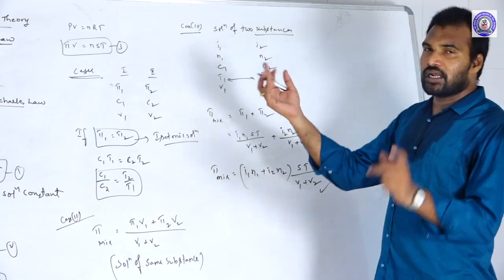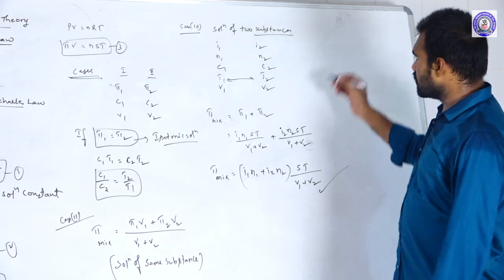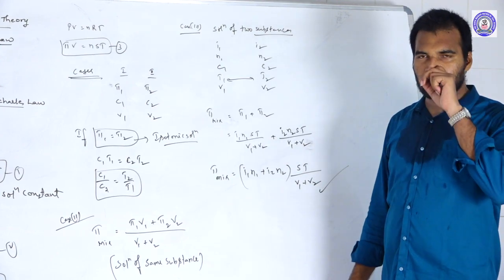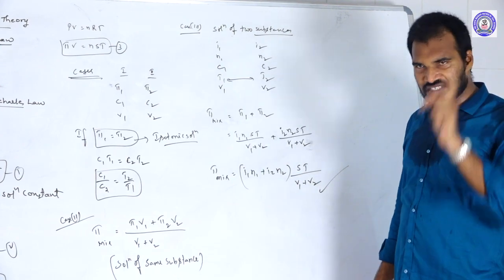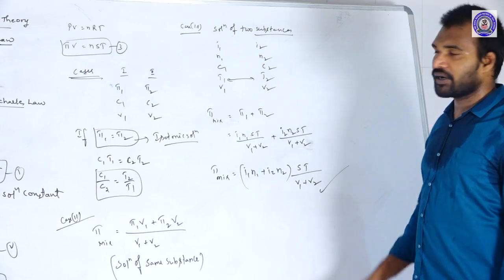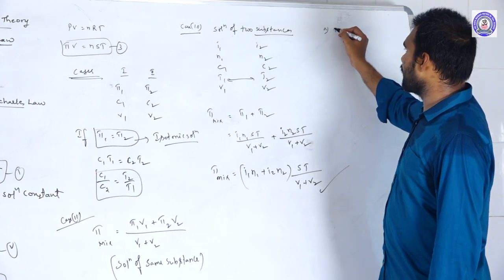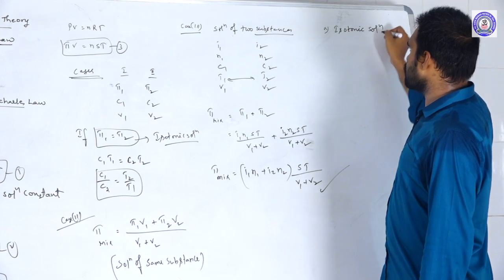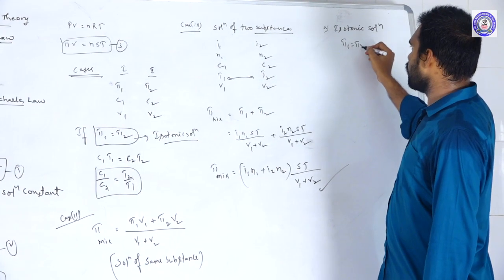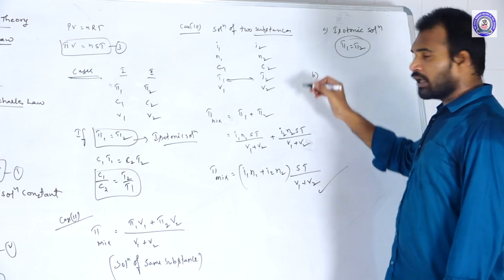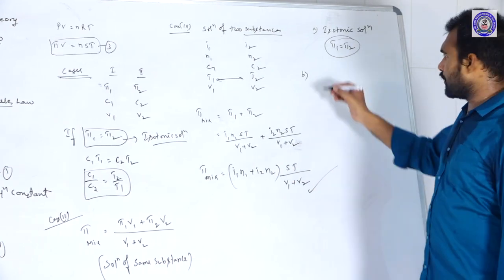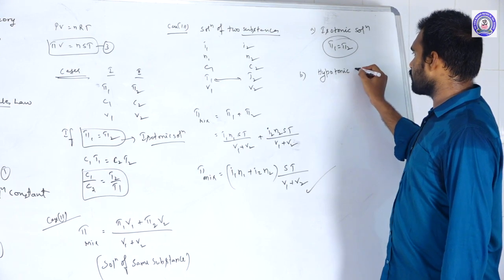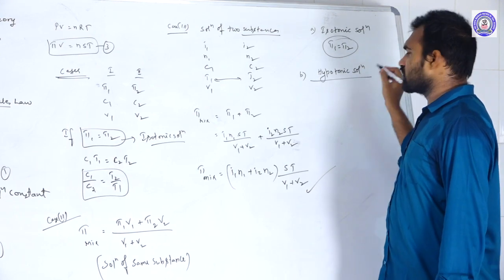Next, based upon osmotic pressure, isotonic solutions we already discussed. What are isotonic solutions? A pair of solutions whose osmotic pressures remain the same, where π1 is equal to π2. That is the condition. Next one, hypotonic solution.